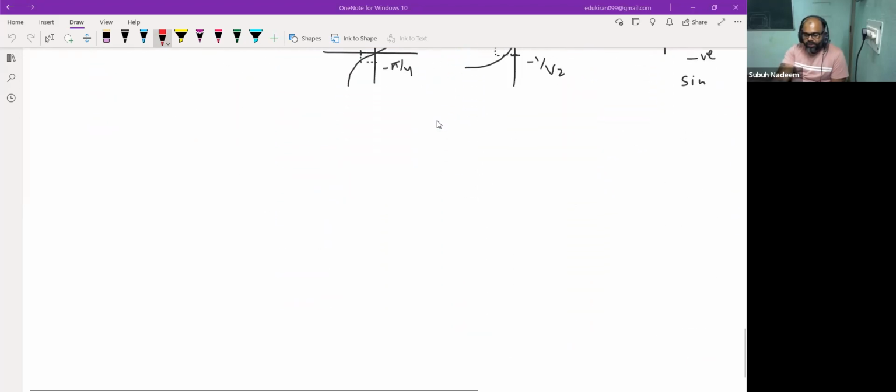Next is by property. So how can we use property intelligently in order to find it?